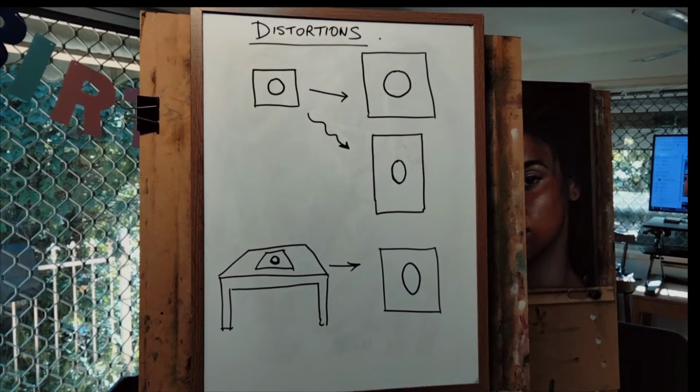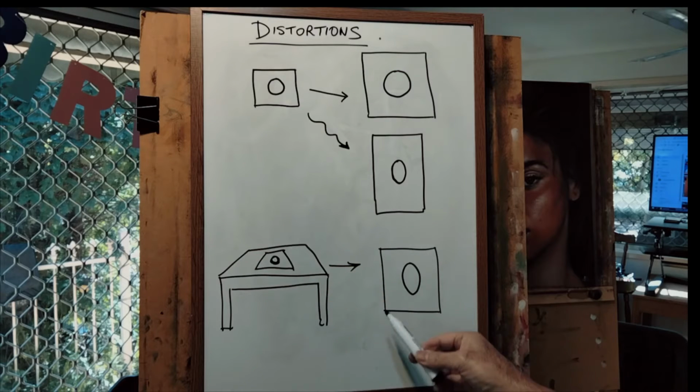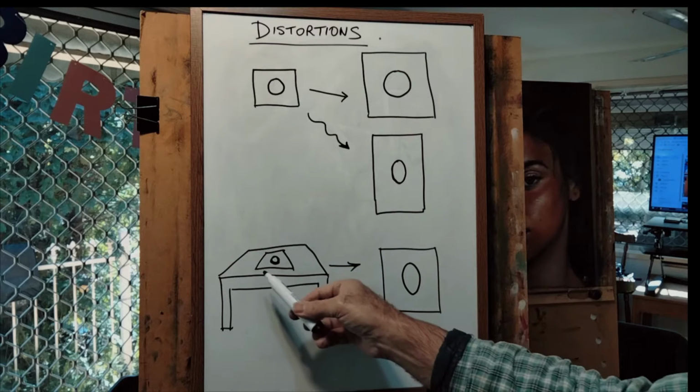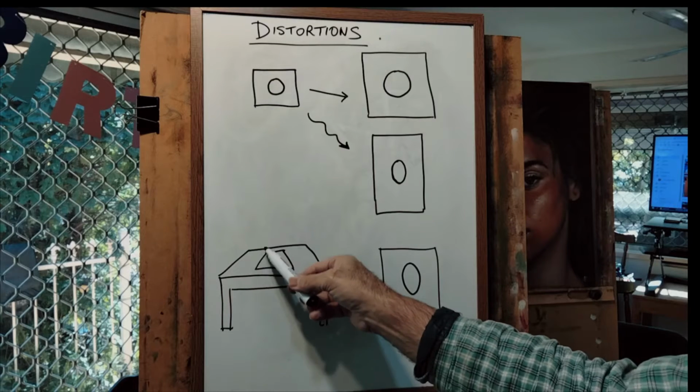Now, distortions can creep into your drawing in a couple of different ways. If you draw at a table and you're sitting in front of that table, instead of seeing a square sheet of paper, you're seeing it deformed like so.